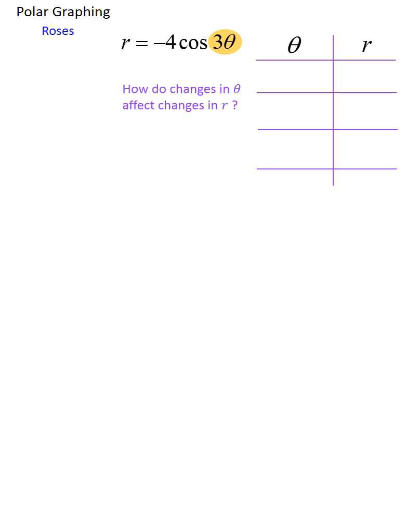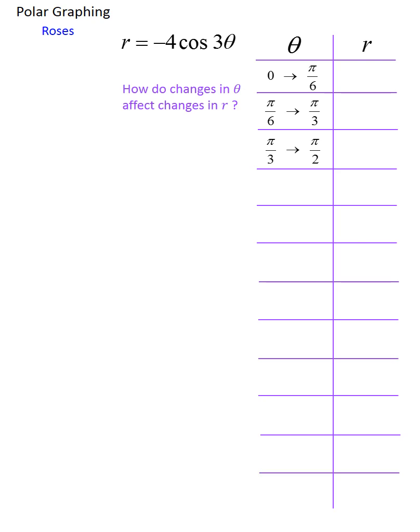Now, this isn't going to be a long enough table, but the logic here is this. If I have a 3 theta as the argument of my trig function, I'm going to want to break the first quadrant up into 3 parts, 0 to 30, 30 to 60, and 60 to 90.